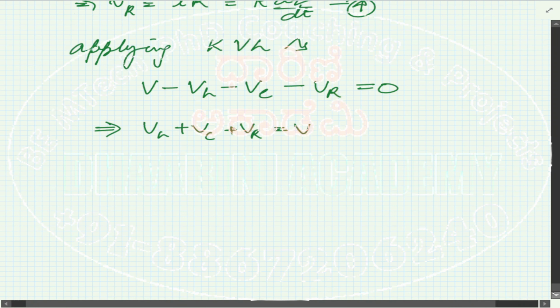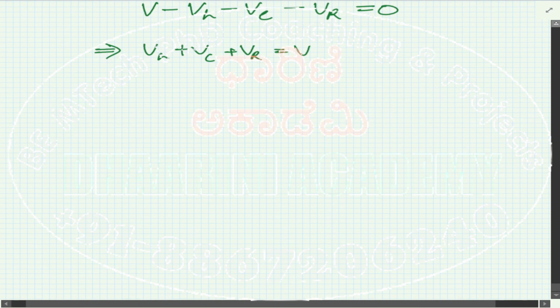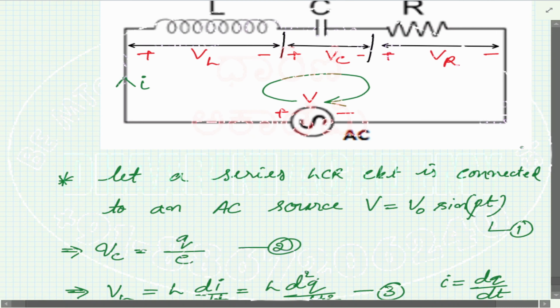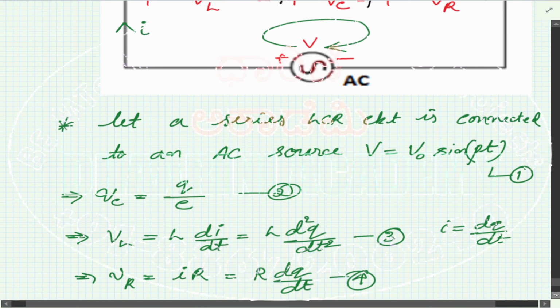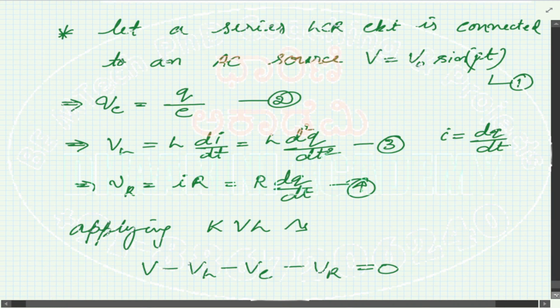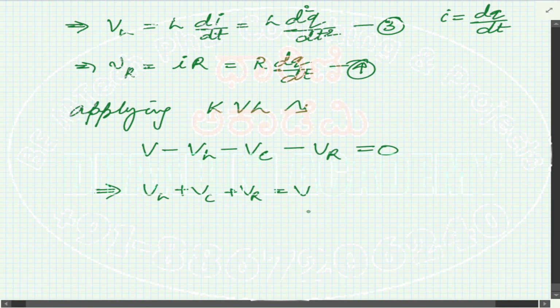Now let us substitute the values we have already written. We know what VL, VC and VR are; we have just noted them down. We'll put equations 1, 2, 3 and 4 in this equation to get the following.